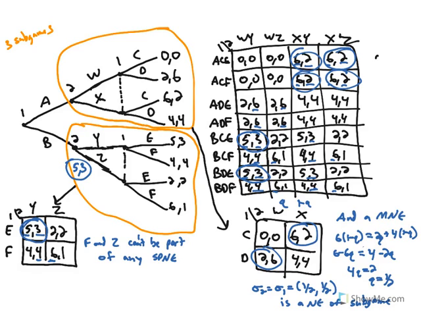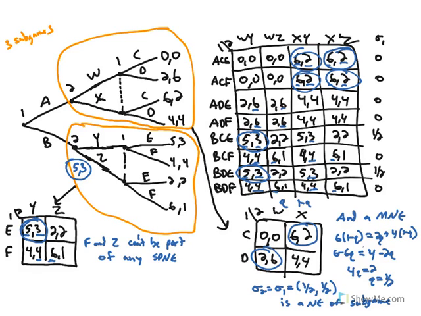Player 1 places no weight here, no weight here, no weight here, no weight here. And then she plays 50-50 weight on the other strategies. Not on all the other strategies, sorry. Any strategy that plays F she doesn't put any weight on at all, because she never plays a strategy with F. So this gets 0 weight, this gets 0 weight, this gets 50%, and that gets 50%. That's our sigma 1.